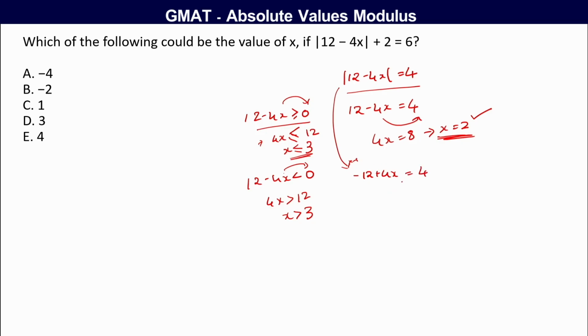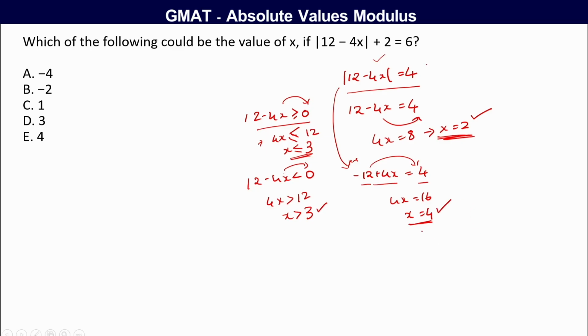You multiply only the value that's inside the modulus with -1, not on both sides. Be careful about that. So we have -12 + 4x = 4. Taking -12 to the other side, you have 4x = 16, x = 4. Does it satisfy x being greater than 3? Yes. So this is a valid answer.